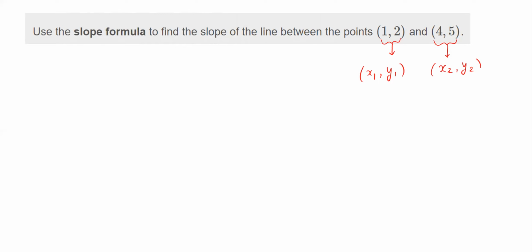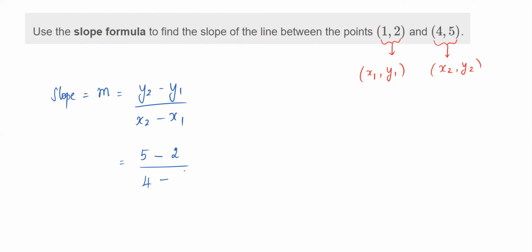All right, so let me write the formula. Slope equals m, which is y2 minus y1 over x2 minus x1. Okay, now go back and see what corresponds to y2. y2 is 5 minus y1 is 2, over x2 is 4 minus x1 is 1.